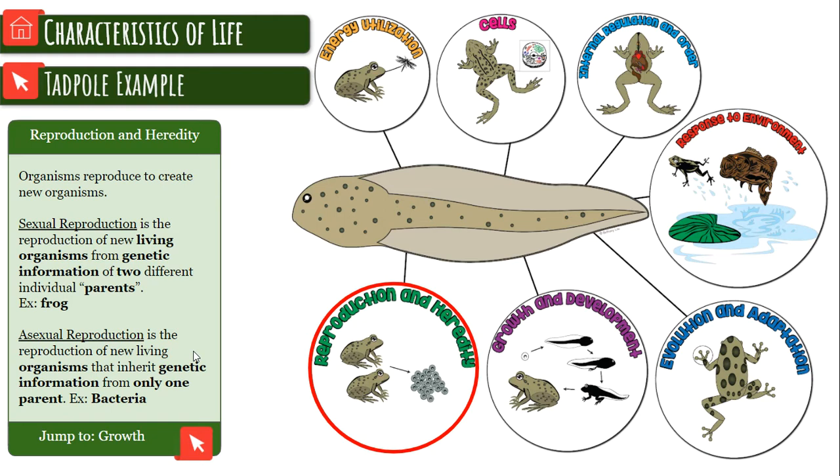So a single bacterium can use binary fission to reproduce itself. So you go from having one parent, it goes through binary fission, and now it has one offspring. And so we went from having one bacteria to two. And then those two bacteria would do asexual reproduction again, and you'd end up with four, and so on and so forth.